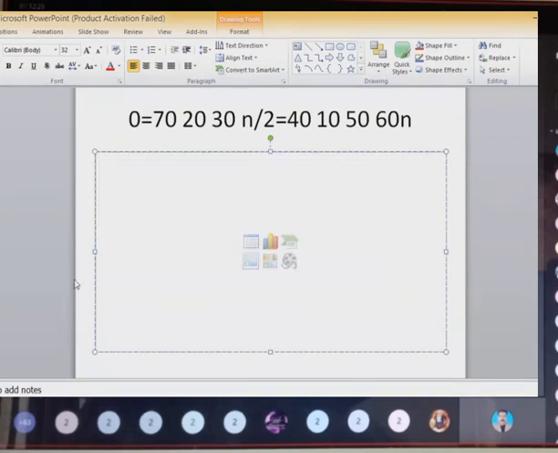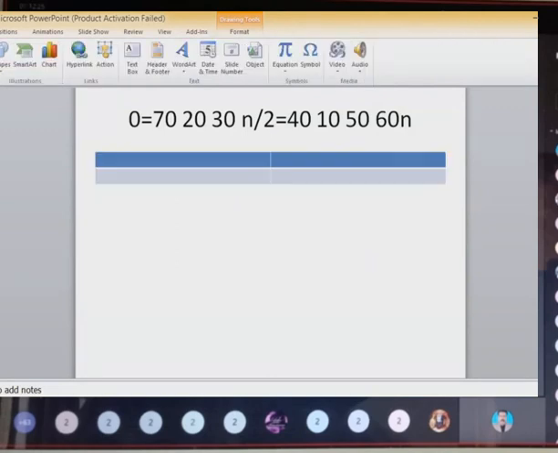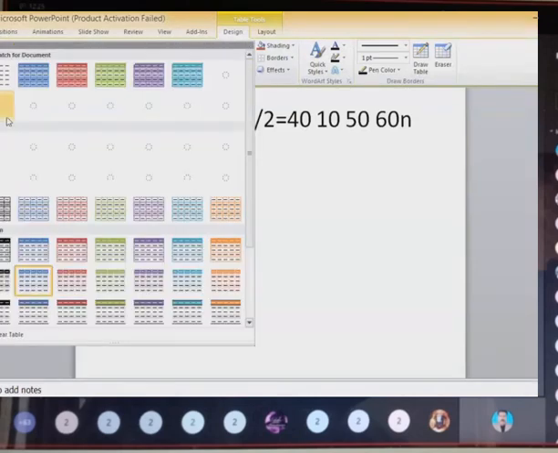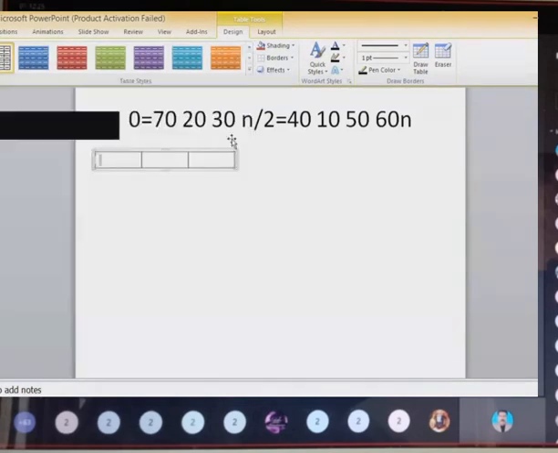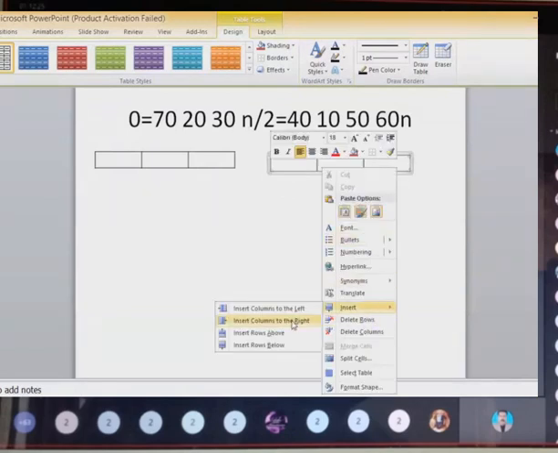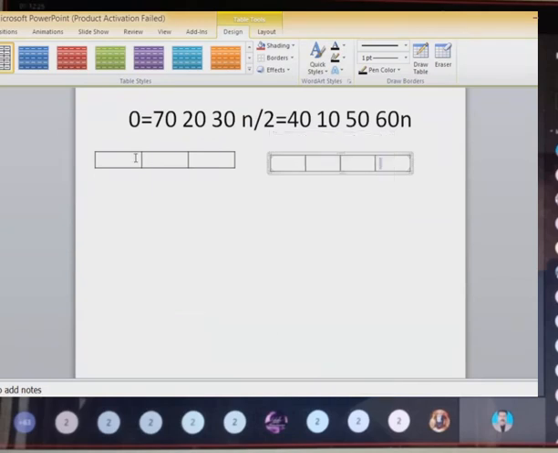Okay, I'll explain this in more detail in the table. First three elements: 70, 20, 30.